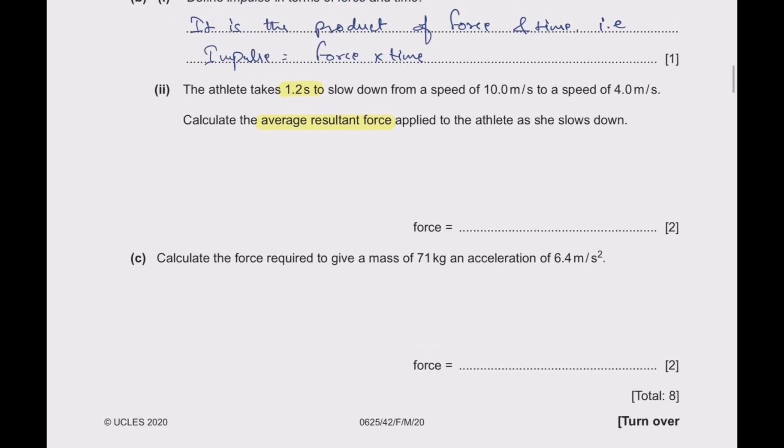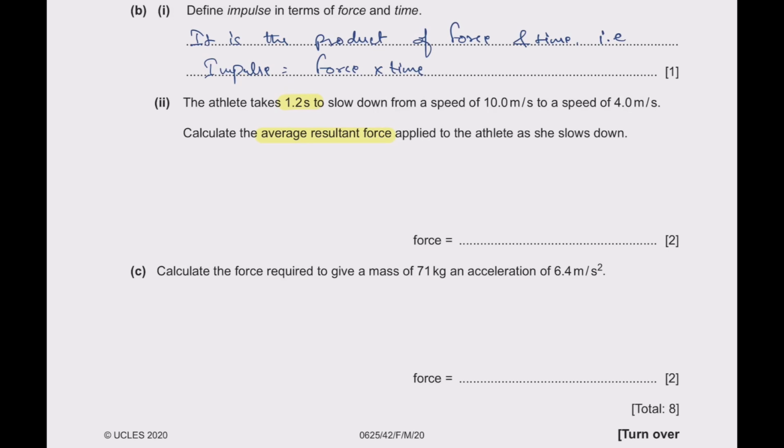Now you can solve this by two methods. Method 1: we know that the average resultant force is equal to mass into acceleration, and the mass is 71.